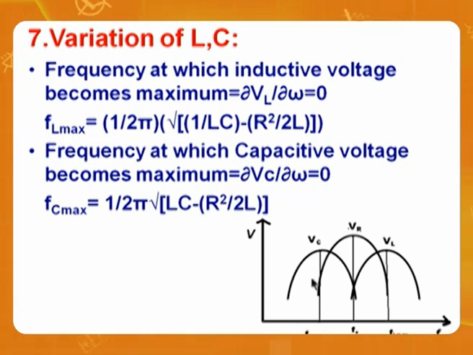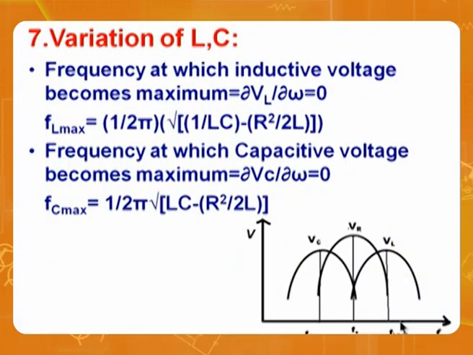FC maximum occurs lower than F0. FL maximum occurs higher than F0. By that I am saying, as we already decided, below F0, F less than F0, it is capacitive, and F greater than F0 is inductive. So this is telling the same point, the maximum occurs only above or below. This is called variation of L and C.